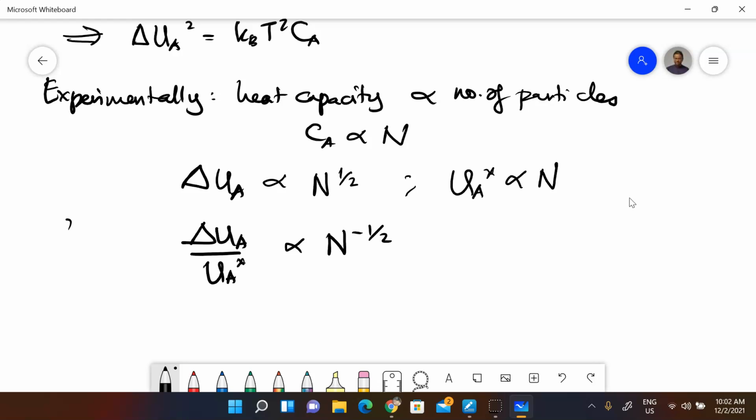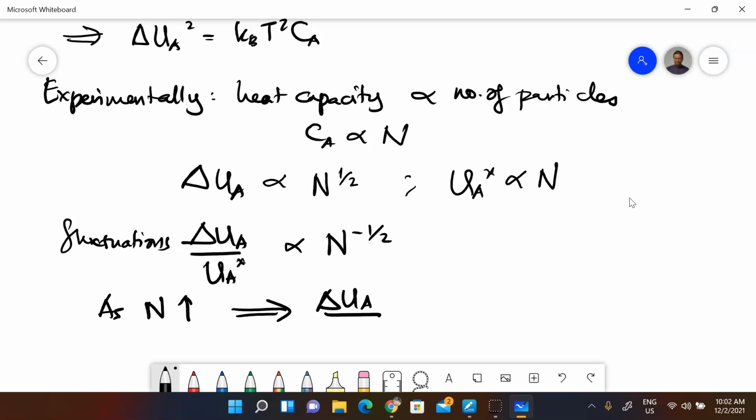So here the fluctuations are being related to the number of particles, but the number of particles are usually enormous. So as N increases, you'll find that your fluctuations, you will probably never see them.